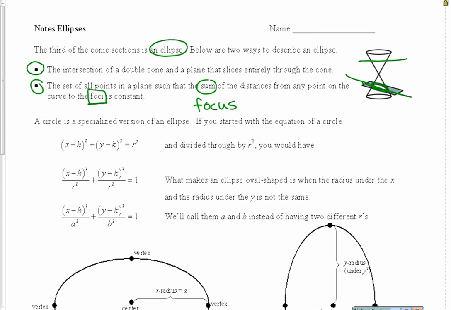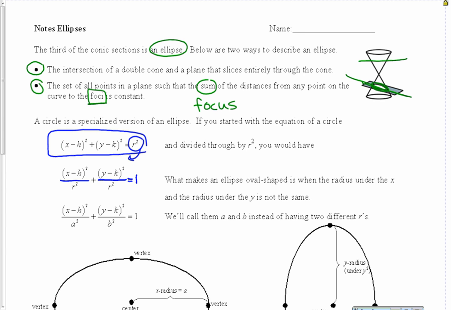So with an ellipse, it's just a circle. If we started with a circle, and we took this radius and divided it through to the other side, then I would have my (x minus h) squared over r squared, and my (y minus k) squared over r squared, and then I'd have an equal 1 instead.